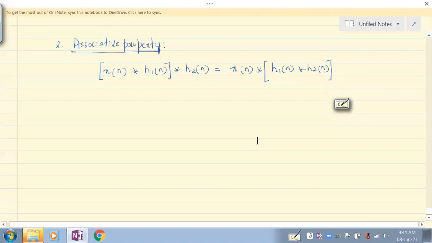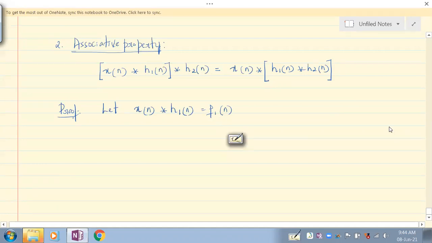Fine. In the proof of this, let x of n convolution h1 of n be f1 of n. Okay, that is this here. So this we have taken and called f1 of n. Understand that?